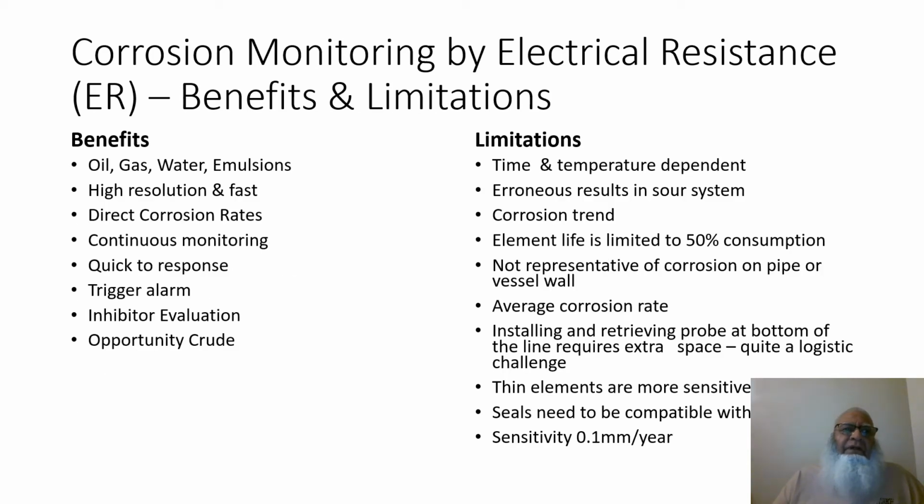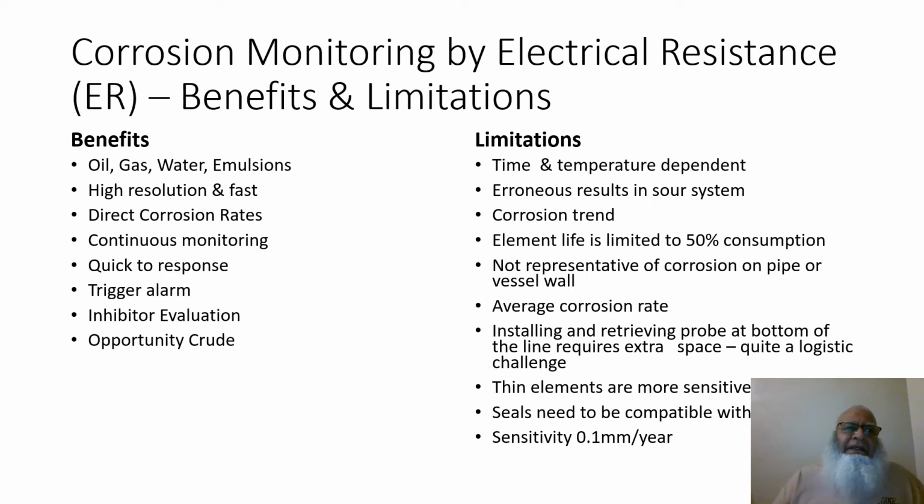This slide shows corrosion monitoring by the electrical resistance technique, its benefits and limitations. A benefit of this technique is that it can be used in oil, gas, water, or emulsions. It's a high resolution technique and fast.